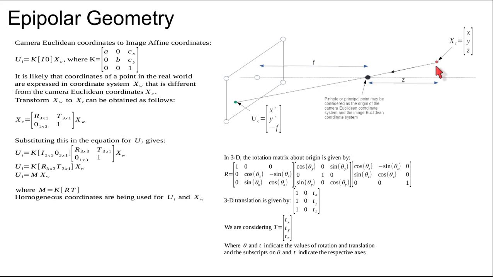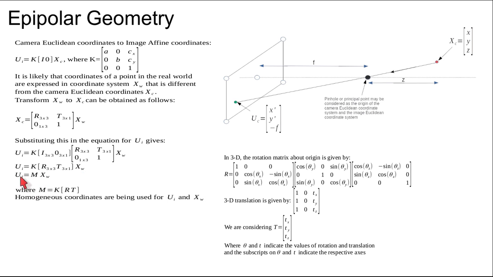We still need to transform the world coordinate system into the camera Euclidean coordinate system. The world coordinates can be transformed into the camera Euclidean coordinates by using a rotation matrix and a translation matrix. Substituting this transformation into the equation of ui, we get this equation. And this is further reduced into ui is equal to K times the rotation matrix, the translation matrix, and the world coordinates.